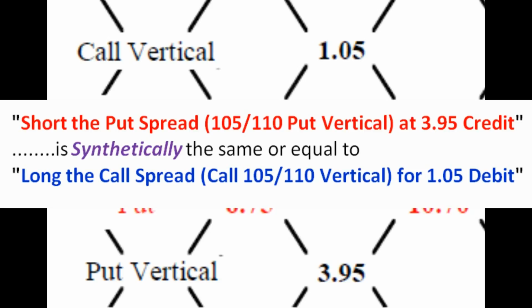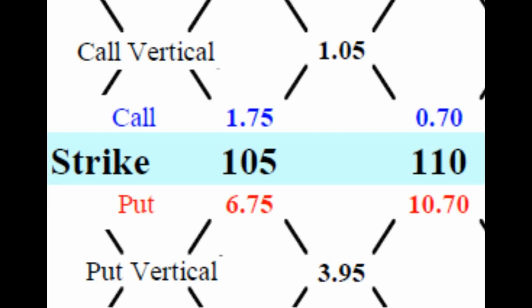Because if I had asked this question, all right, here's part B. You bought the call spread now. You bought the 105s for 175, and you get to sell the 110s for 70. You're paying $1.05, which is this next row up for the call vertical. You have the bull spread on. You're buying it 105. Underlying's at 100, so it's out of the money.